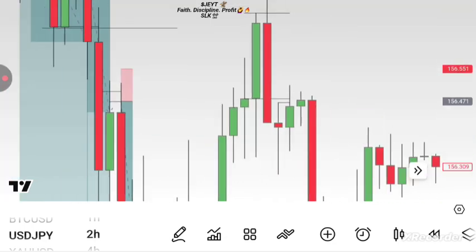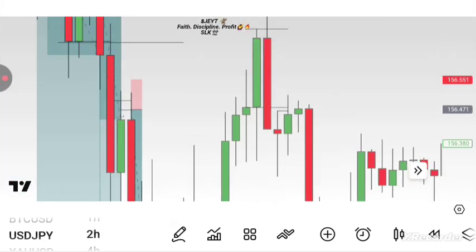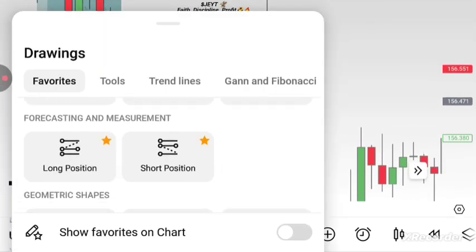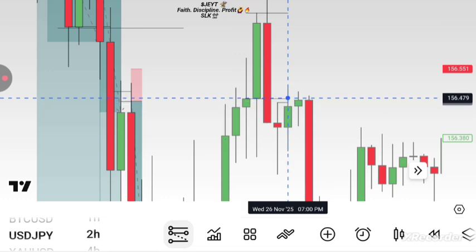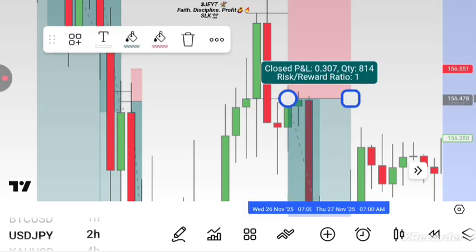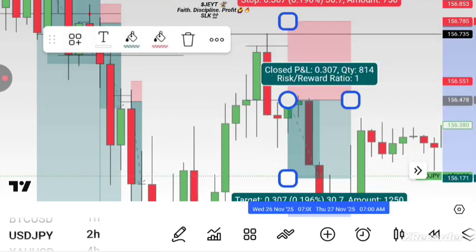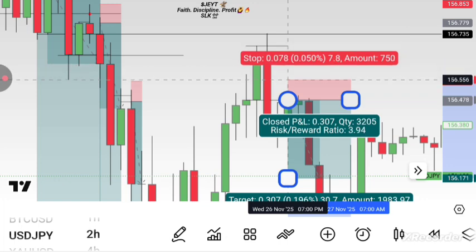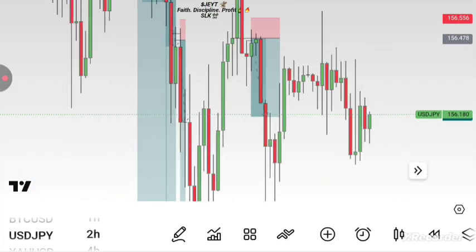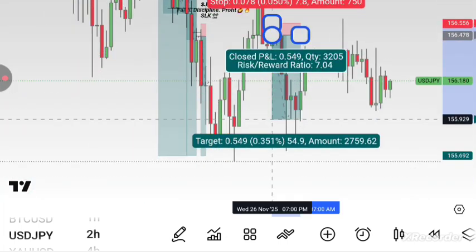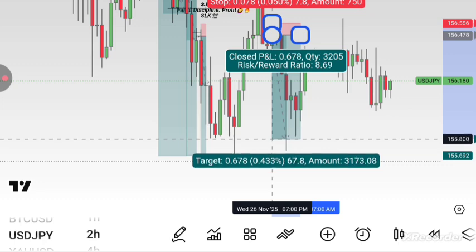If you want to enter this trade, your entry is going to be from here, then your stop loss a little bit above that level. Take profit is going to be this level here.